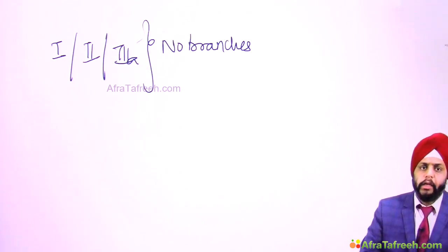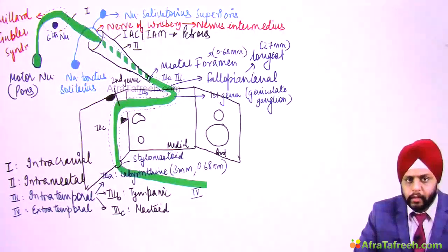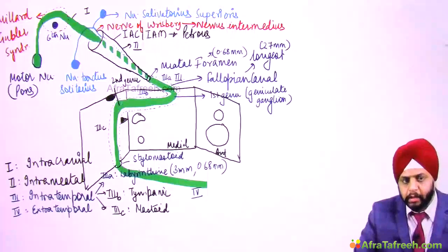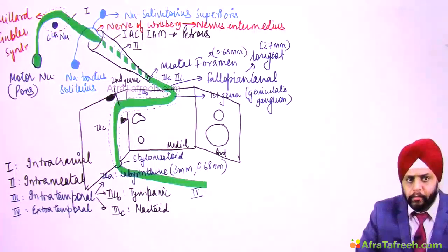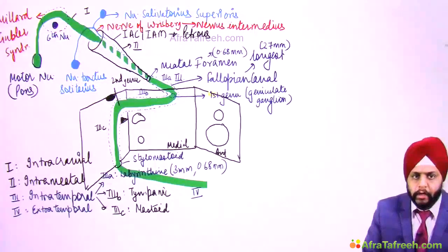Right? Okay. Now, what do we have after segment 3A? Yes, we have segment 3B, but before segment 3B, we have over here the geniculate ganglion. Okay, so we have the first genu.